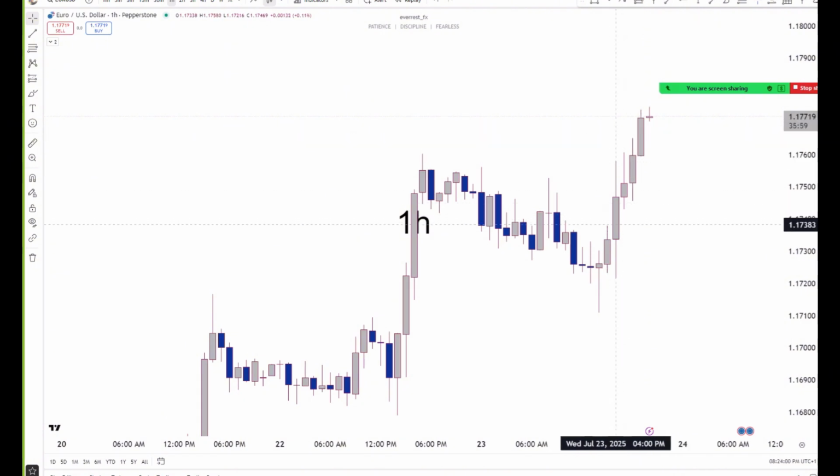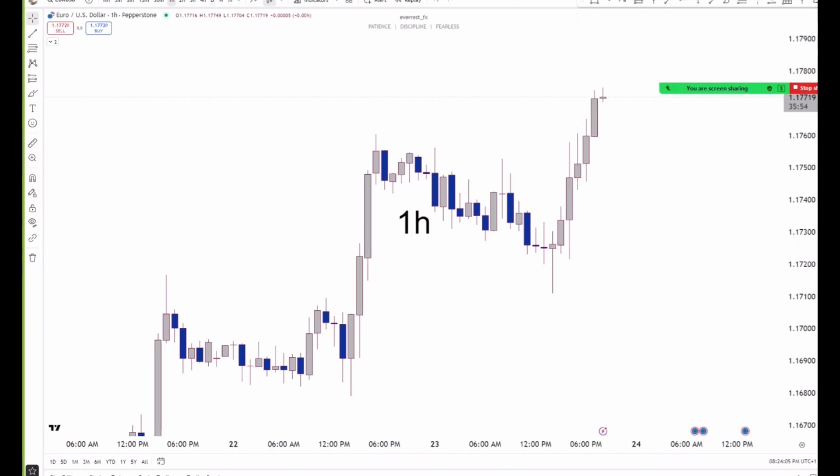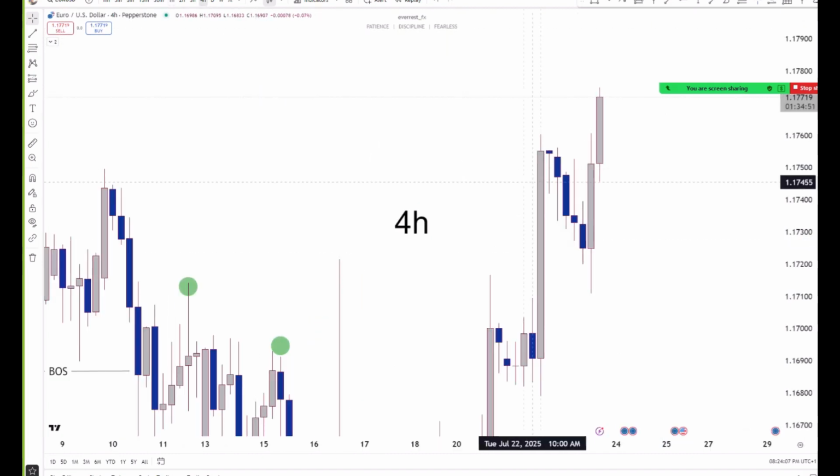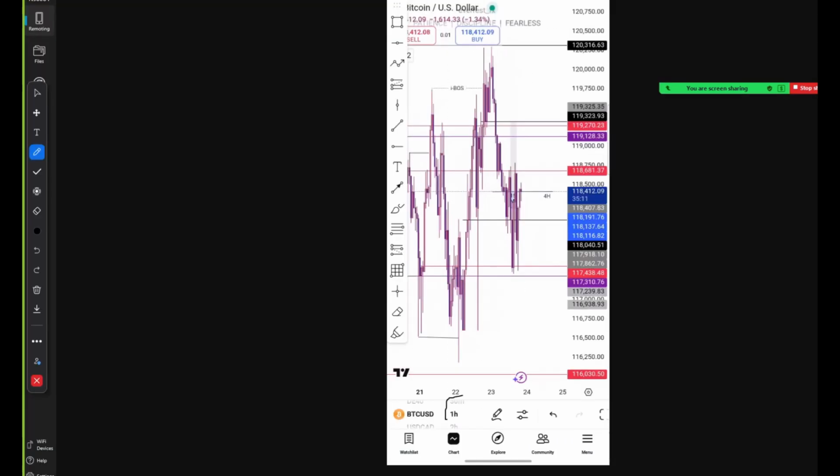This candle, this candle, this candle, whether it's a bullish candle or a bearish candle, takes 1 hour to form.